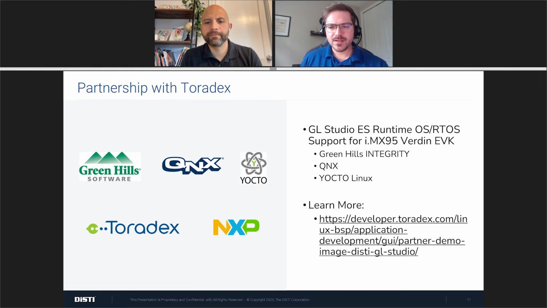For the i.MX 9.5 Verdin EVK, we already have GL Studio ES runtime support for Green Hills Integrity, for QNX, and for Yocto Linux. If you'd like to learn some more about this partnership, please do take a look at the Toradex website here where we have some additional information.